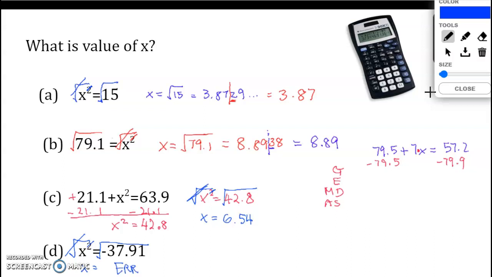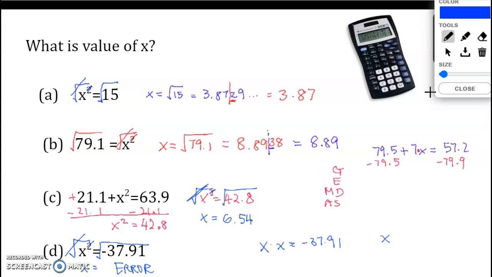That's because what we are looking for is a number that multiplied by itself will get you negative 39.91. Can you ever get a number that ends up as a negative number? Let's make it simpler.